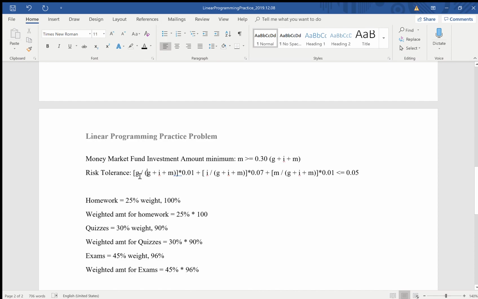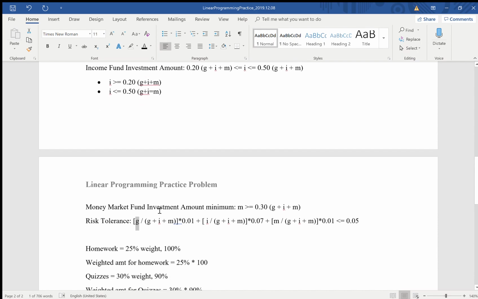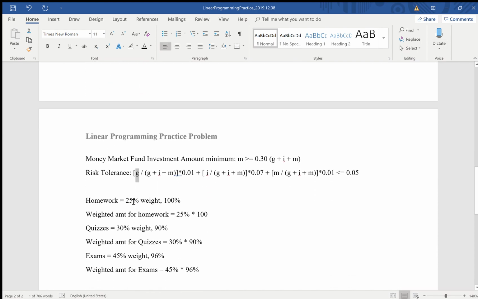So for example, let's just make it easy, say you've invested 25% of your overall fund in the growth funds, that's going to be your weight. And what you do is multiply the weight times the risk factor, which for growth funds is 0.01, then you add them up. And this is how I got to this particular formulation.